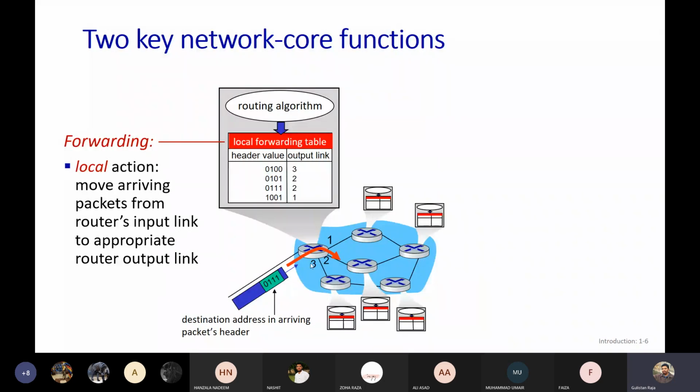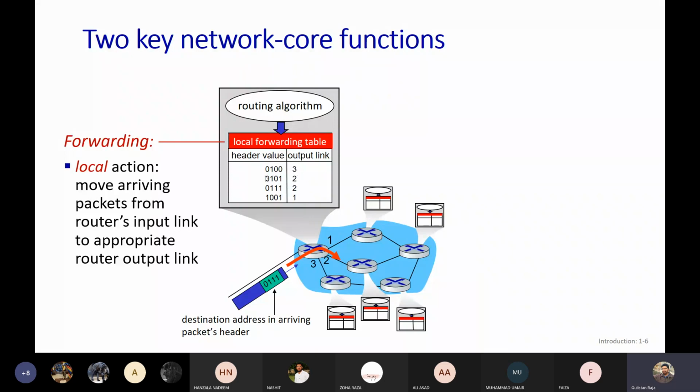Now when this packet arrives at this router, the router will consult its local forwarding table and match the arriving packet's destination address with its table addresses.